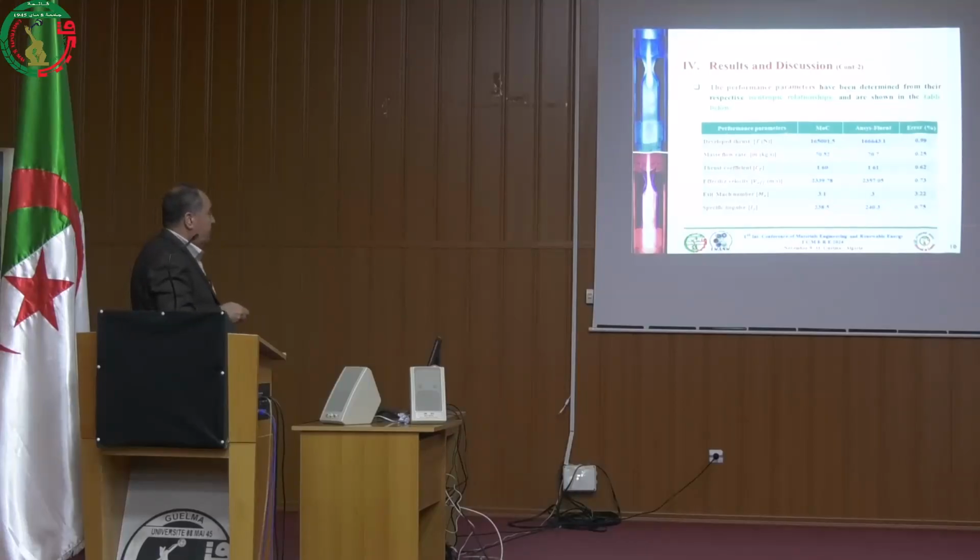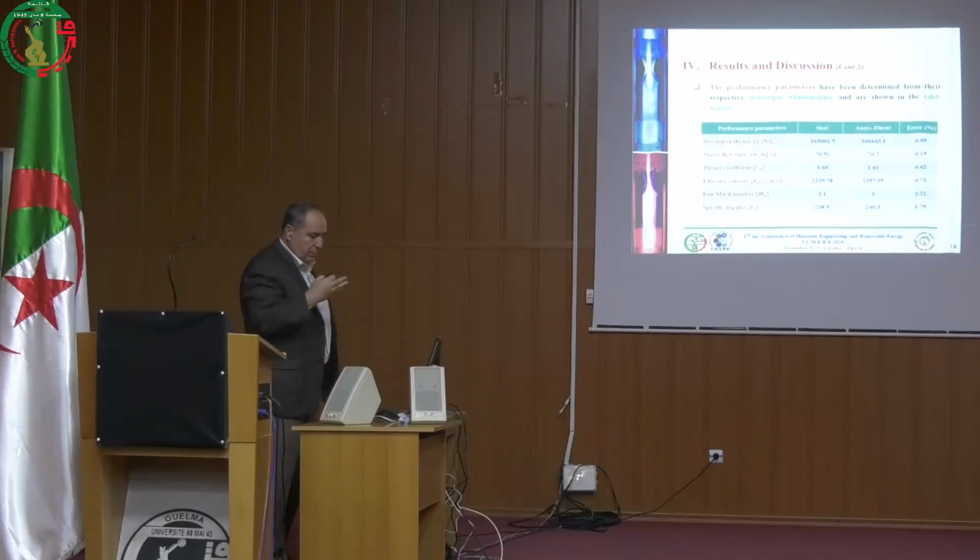The main performance parameters are the thrust coefficient, the effective velocity, and the specific impulse. We can see that the two methods are within something like 3%, the maximum 3%. You can see it is less than 1% of error, which leads us to say that the two methods can solve the problem of the expansion in supersonic flows.